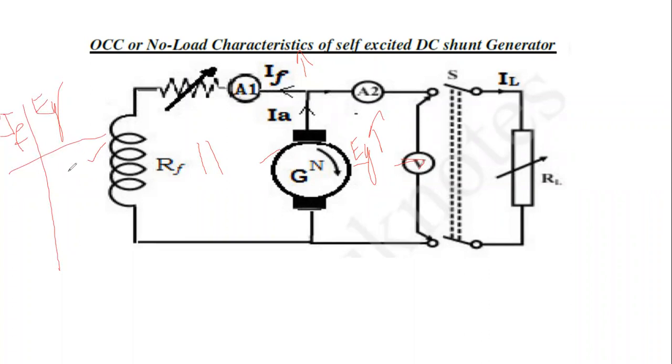Suppose this is 10 volts. EG starts from above 0. Zero minus 10 is the residual voltage. That is the EMF build-up in the DC generator. This is 0, field current is 0. Next, 20.